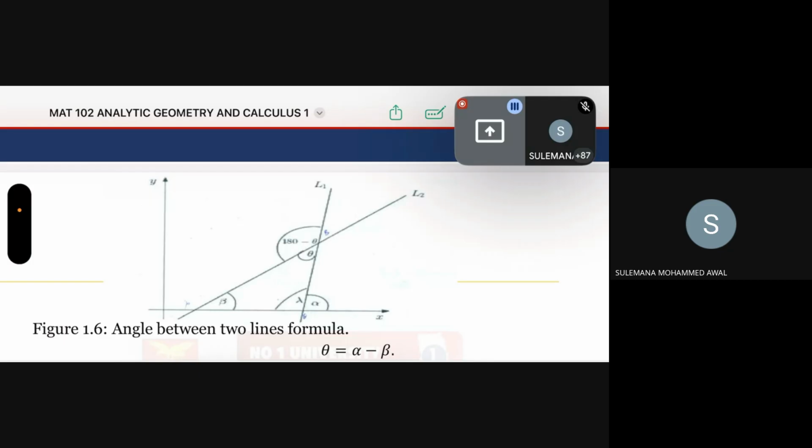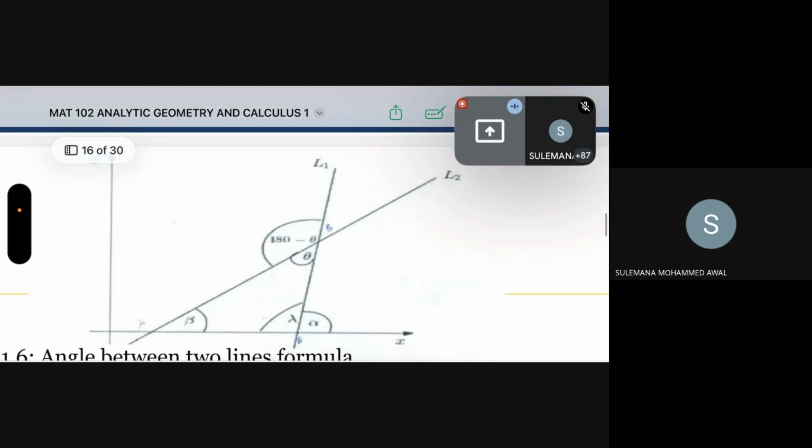So line 1 is steeper than line 2. Look at the graph. L1 is this one. Climbing L1 will be difficult, while climbing L2 will be less difficult.